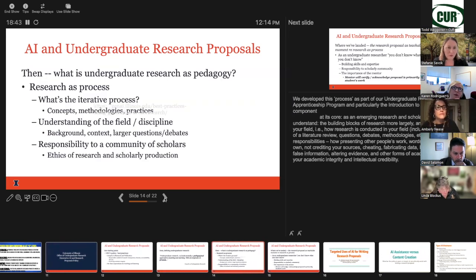So considering what that is, this is what we teach in our apprenticeship course: the iterative process of research, understanding concepts, methodologies, practices. You are not an expert yet. You actually need to understand your field and discipline, the background, the context in which questions are being raised, and the sorts of debates that are taking place. Things like producing a literature review.